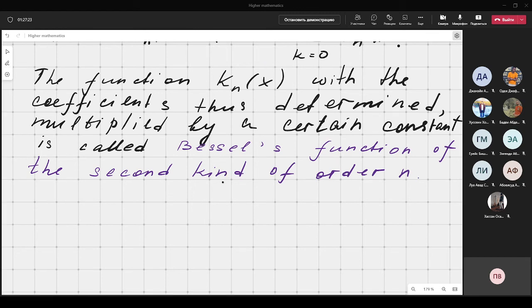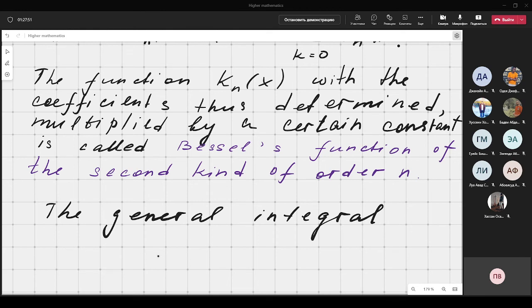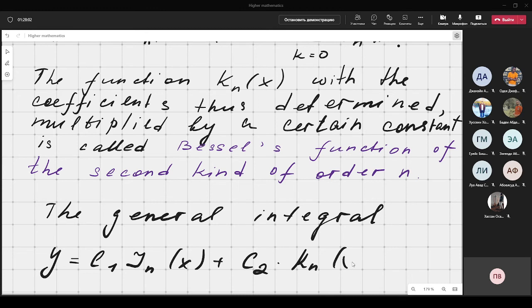This is the second solution of 1, which with the first one forms a linearly independent system. The general integral will be of the form y equals c first times J_n of x plus c second times K_n of x.